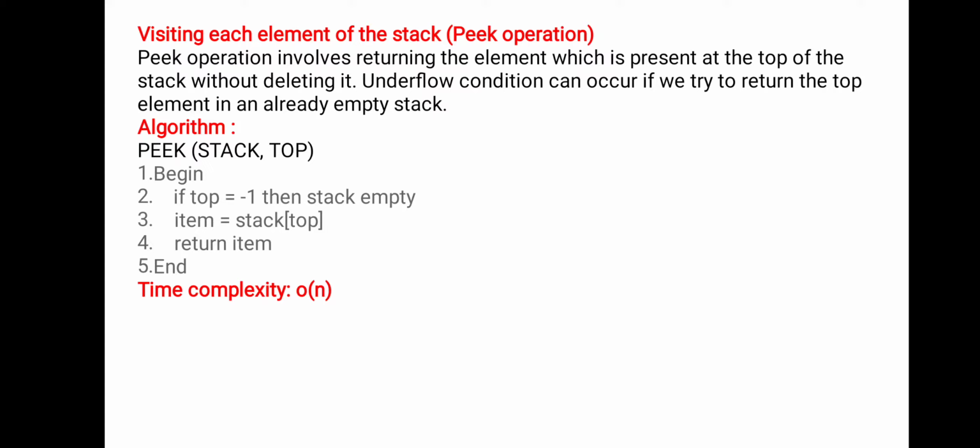Otherwise, the third step, if the second is a condition which is false, then item is equal to stack of top, return item and end. So it assigns the top value to item and prints that top. Return item means a printing statement.